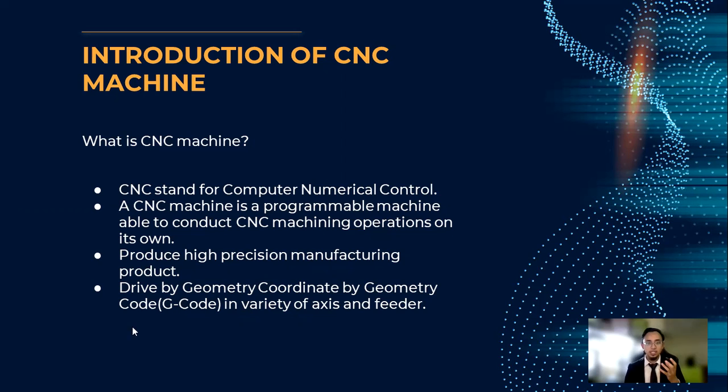Feeder is what? Feeder is the process. Let's say for example, milling. The milling process uses a spindle. Spindle is a feeder. For laser cutting, the laser cutter is the feeder. All right, I think that is clear.